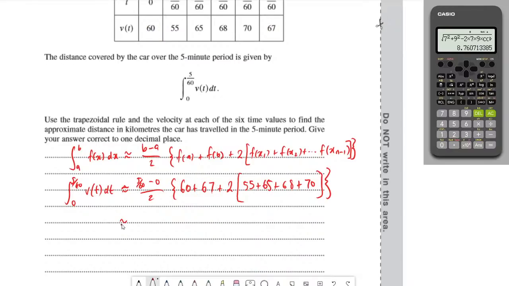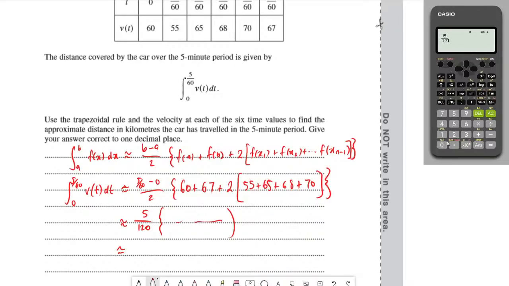So this is going to be equal to 5 on 60 over 2, which is 5 over 120, times whatever that adds up to. Just pop it into a calculator, I think is the best way to solve something like this.